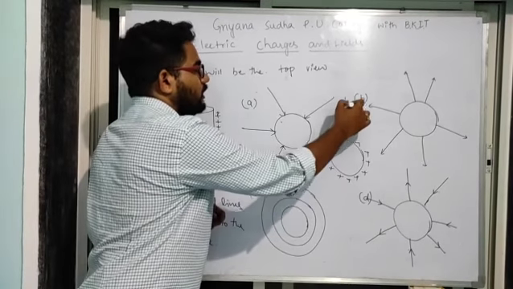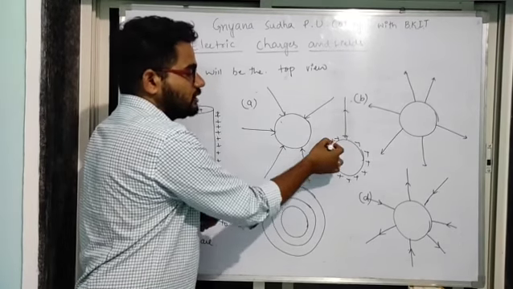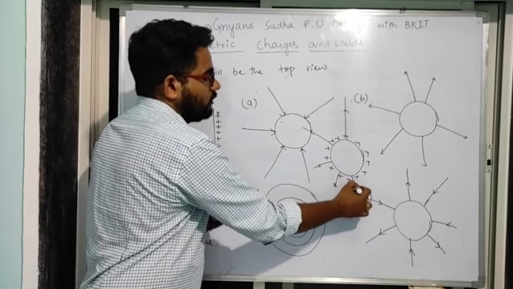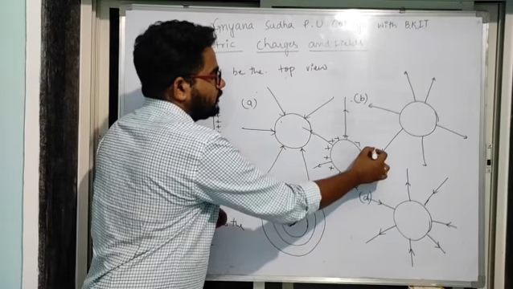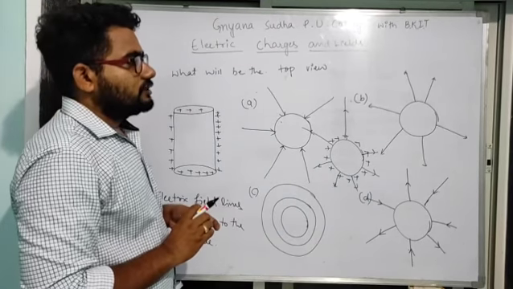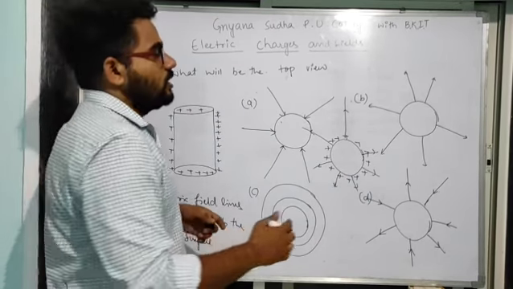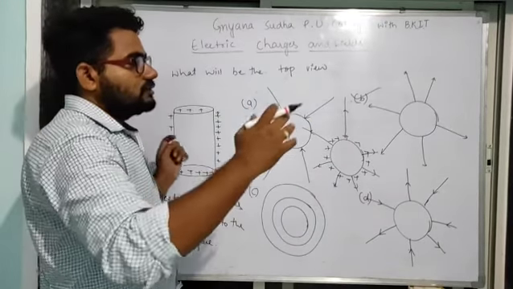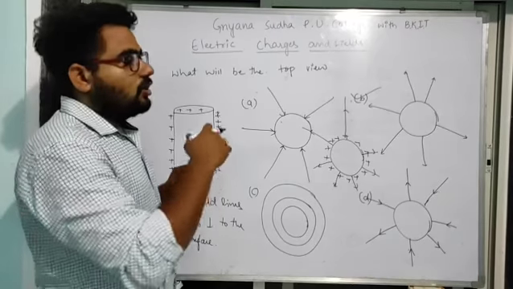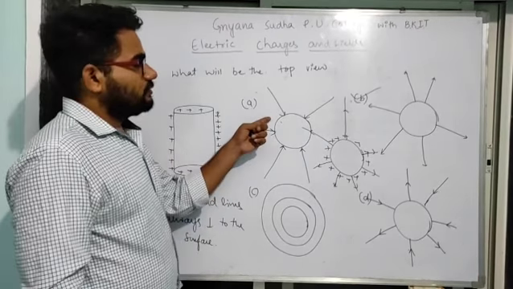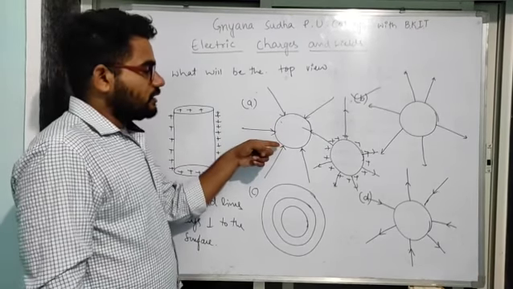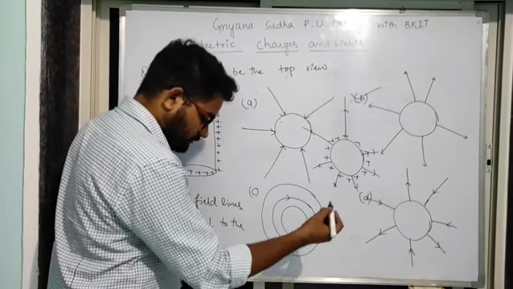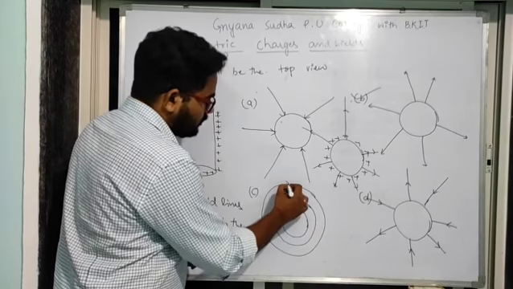Field lines, since it is positive charge, will be moving in the outward direction. So which one is correct? Option B is correct, where the electric field lines are going outwards, right? First one is going inside. In the third one, the electric field lines are rotating in this direction.